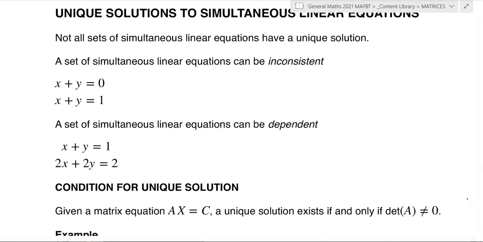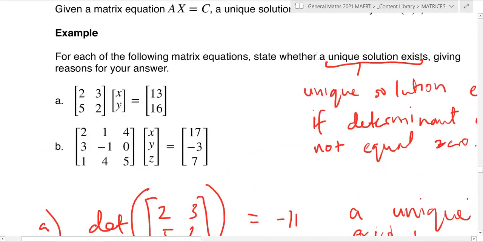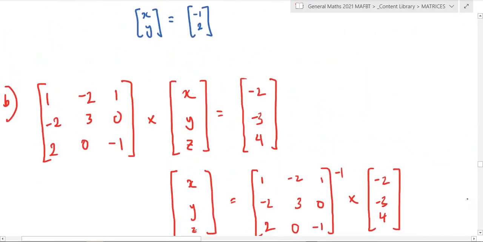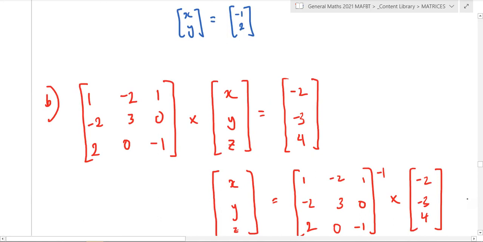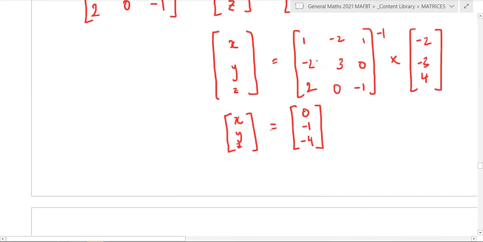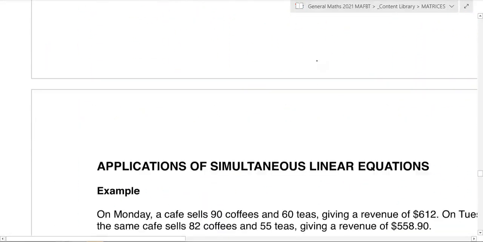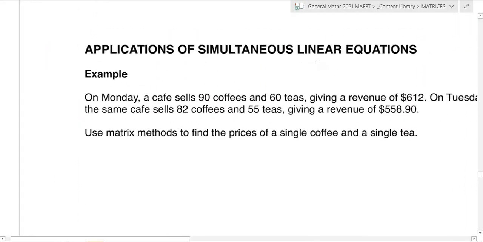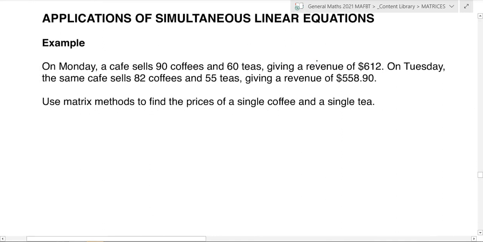Secondly, it's always the same principle of putting them in the form of your number matrix, your unknown matrix, and your answer matrix. That's all it is. So there are 2 things to remember when it comes to worded questions. Let's figure out what the equations are in this question.